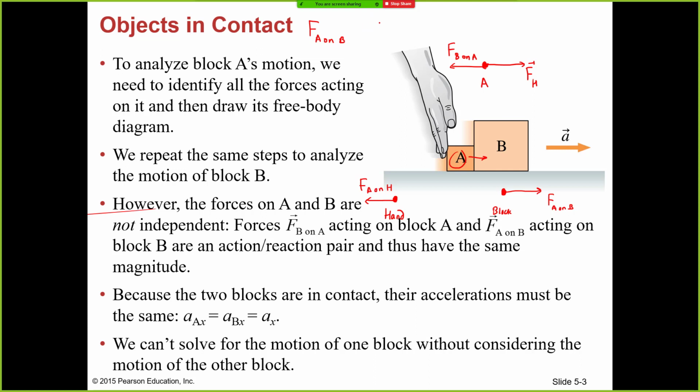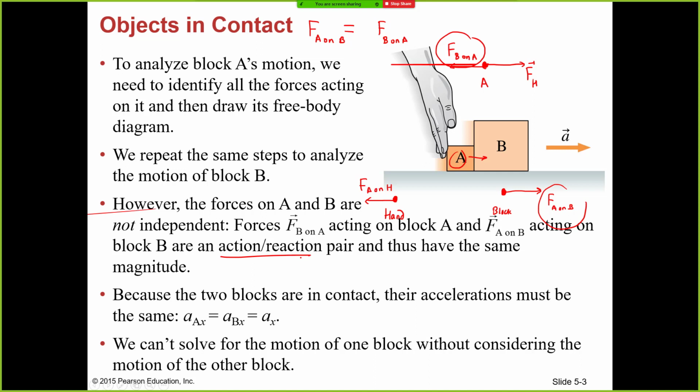So you flip that, B on A would be the reaction force of that. And then according to Newton's third law, these forces are equal. In this case, B on A and A on B are action and reaction pairs, and they must be equal. So you need to identify that.